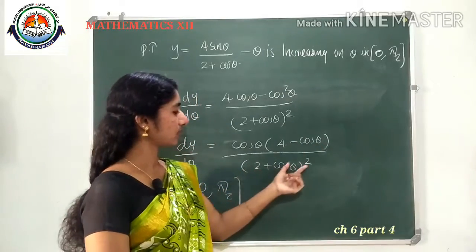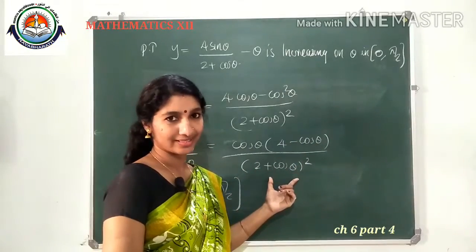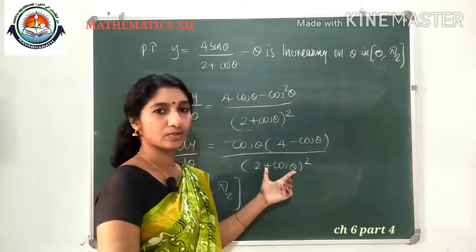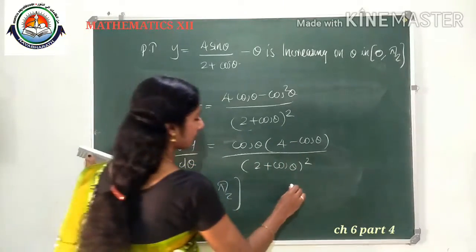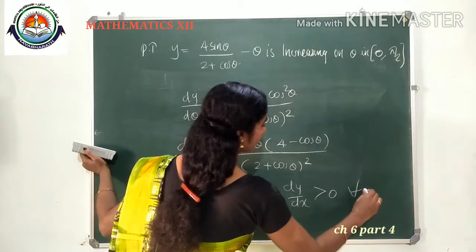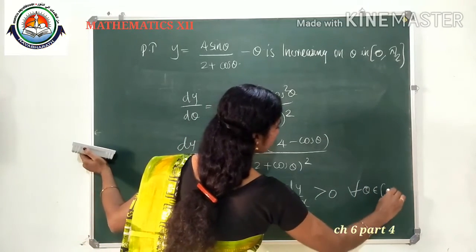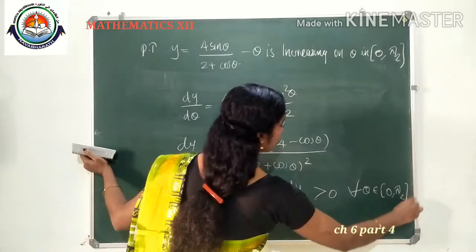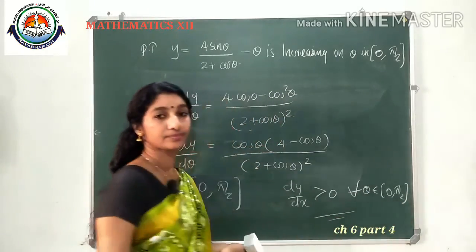Then (2 plus cos theta) whole square, since it is a square, is greater than 0. So this is positive, this is positive. So in total dy by dx is always greater than 0 for all theta in 0 to pi by 2. Hence, we have given the proof.